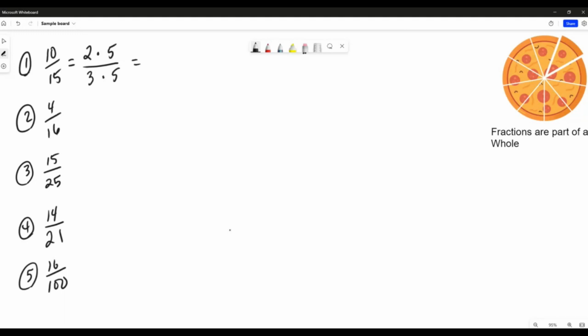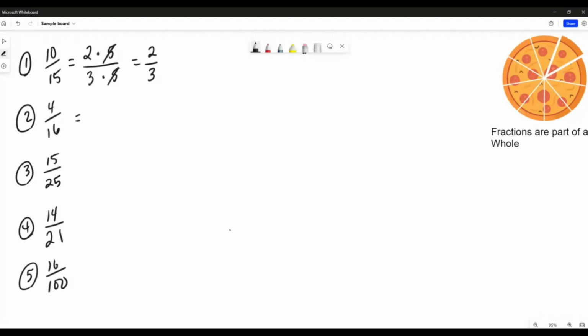We can't break the 2, the 5, or the 3 down any further. But these 5s are common factors. They can divide out, because remember, 5 over 5 is just 1. So we're just pulling that 1 out from the factors of the fraction, and we end up left with 2/3.